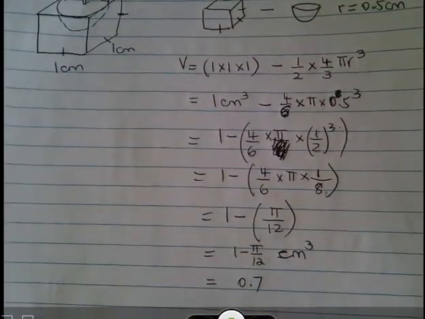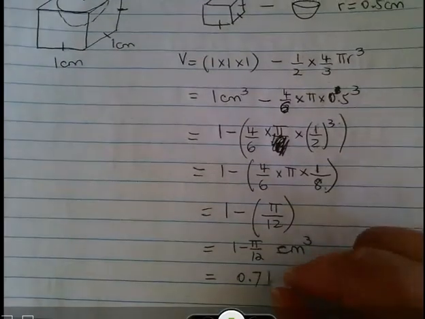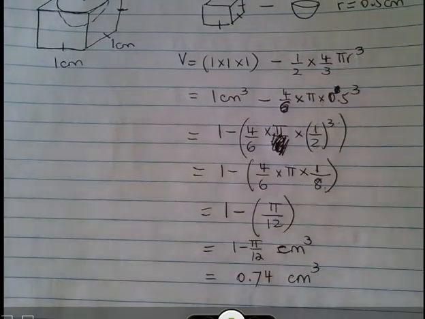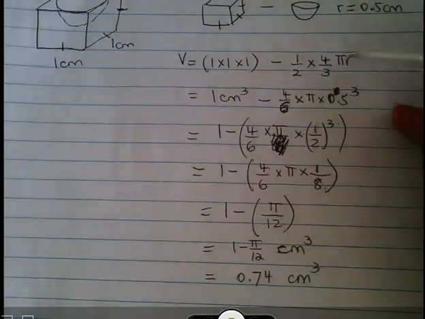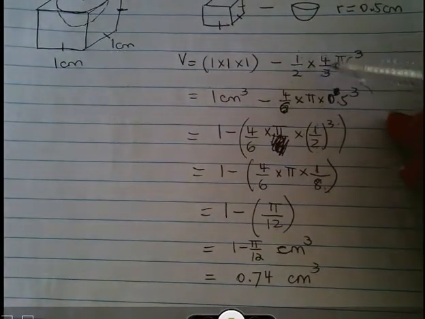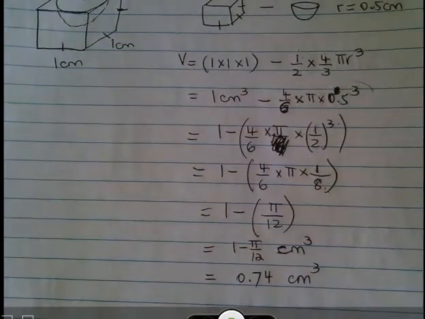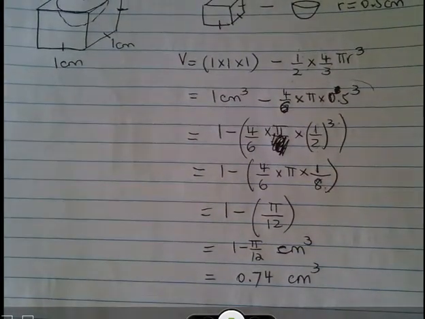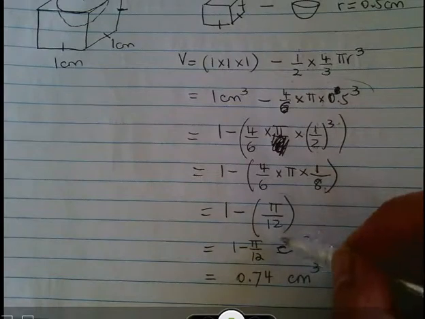Point 7 what? Ladies, you could go on your calculator, a half times 4 over 3 pi times 0.5 cubed. I know you know how to do that. I want you using your brain. That will give you pi on 12.